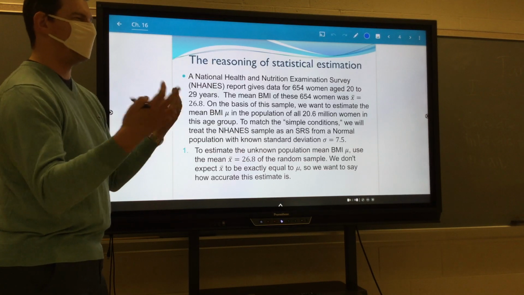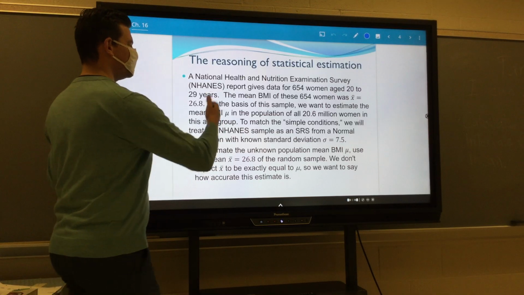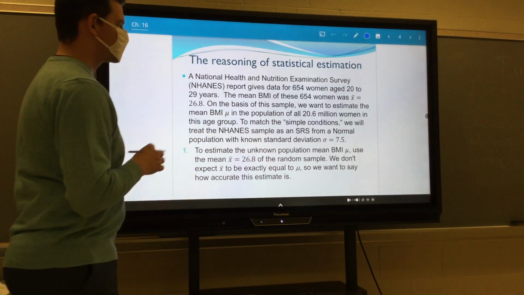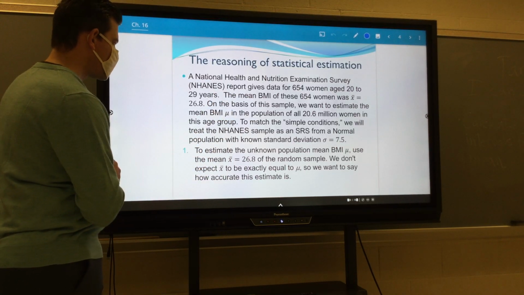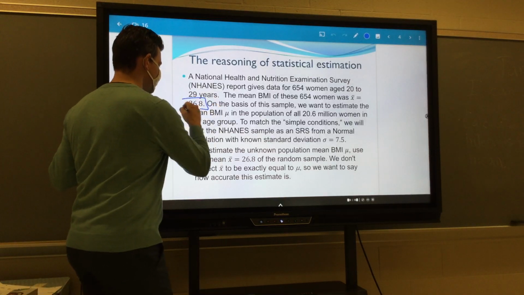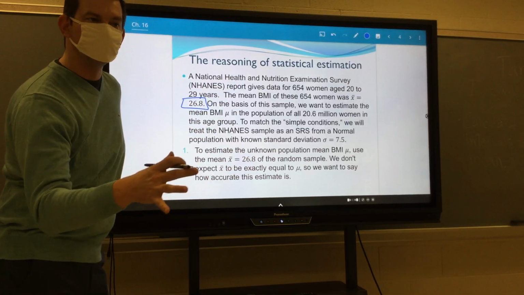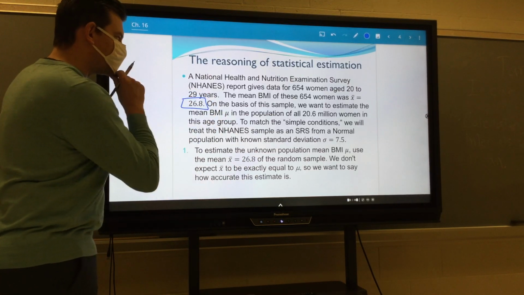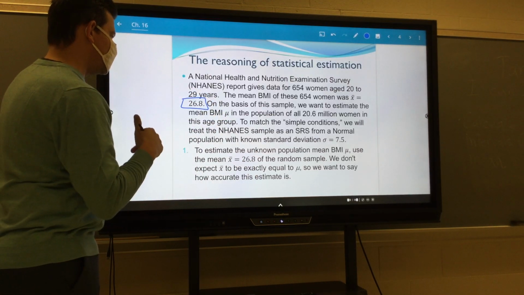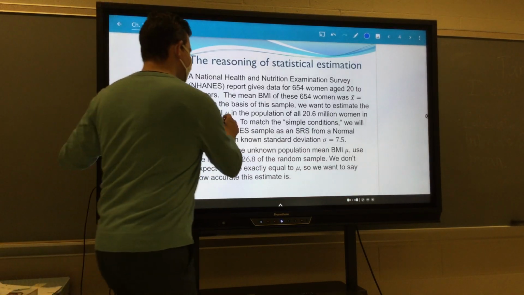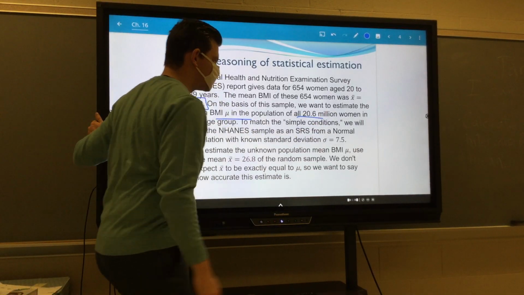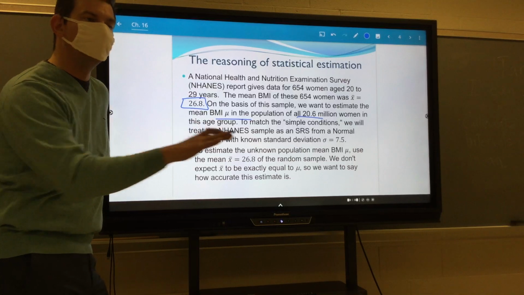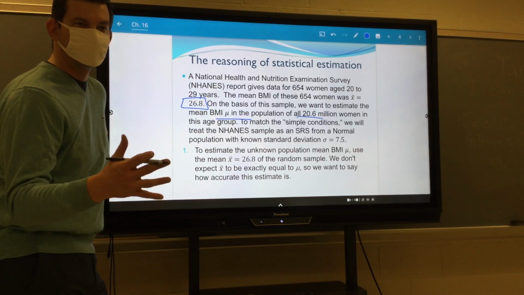The mean BMI of these 654 women was 26.8. So here is our sample mean. On the basis of this sample, we want to estimate the mean BMI for the whole population of 20.6 million women who fit in this age grouping in the country.